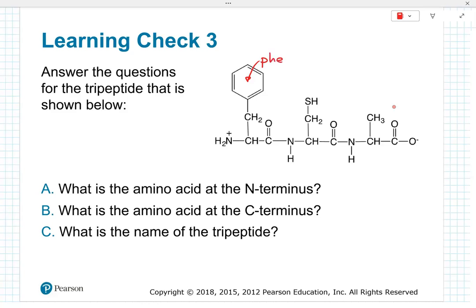Would that be nonpolar then? The one on the left? Yes, it's attached to that aromatic. There's nothing else in that side chain except carbons and hydrogens. So it's nonpolar. This hexagonal structure is phenyl, okay?